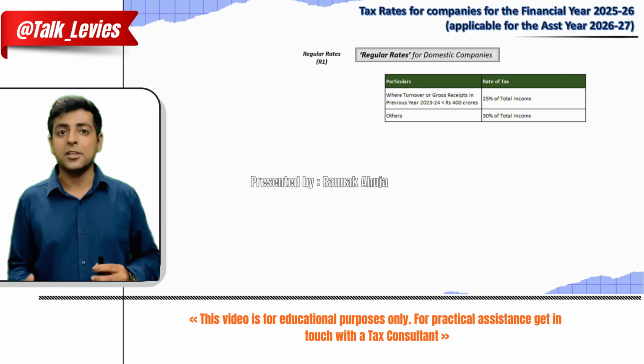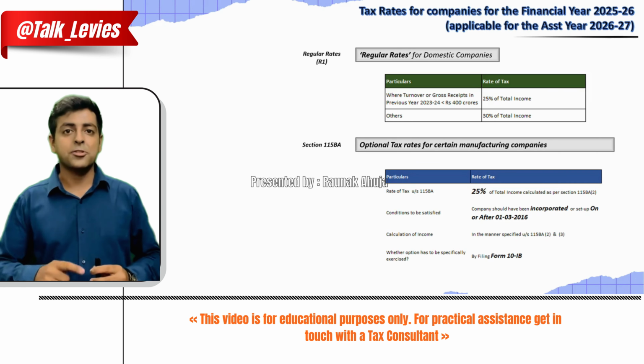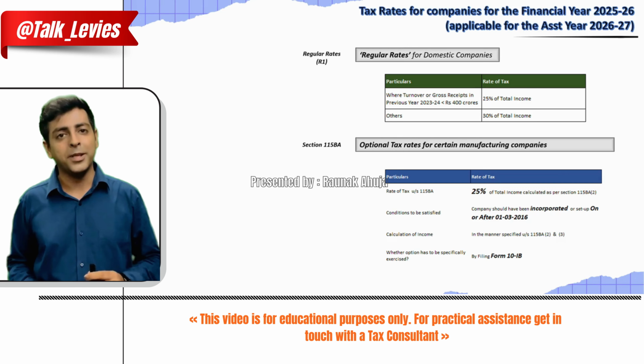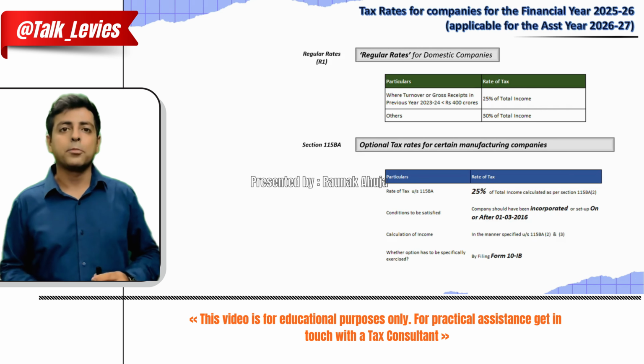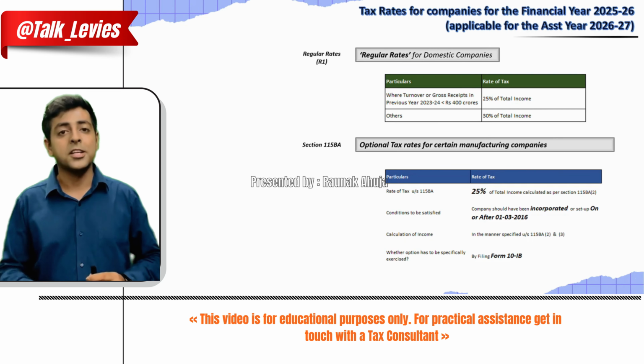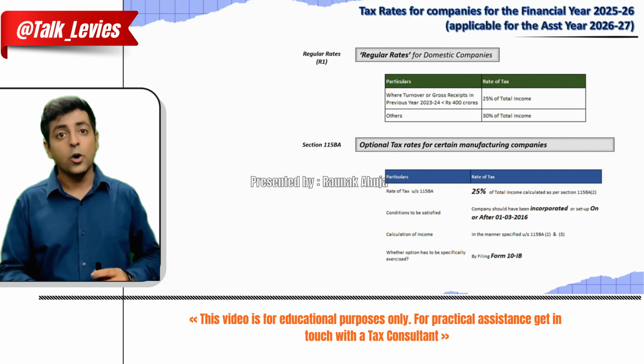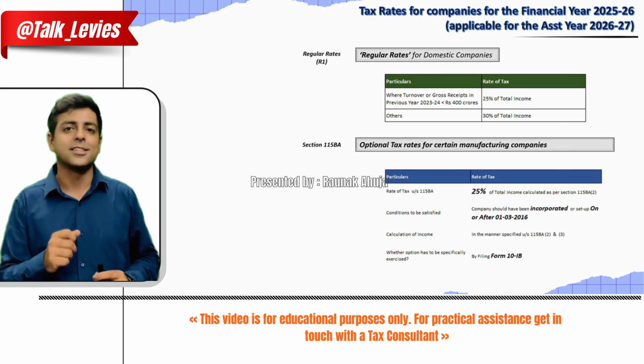Now, moving on to taxes as per section 115BA. The tax rate as per section 115BA would be 25% of the total income as per section 115BA. However, there is a condition. The company should have been incorporated or set up on or after the 1st of March 2016.